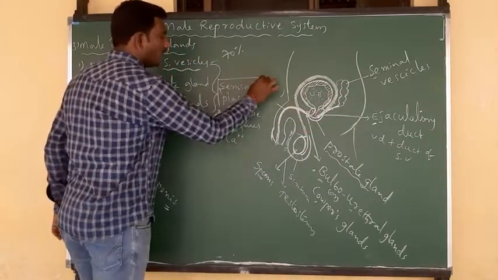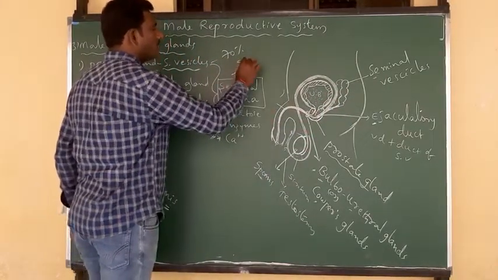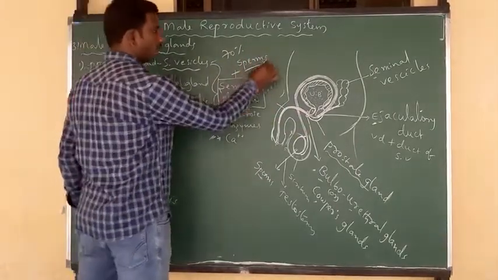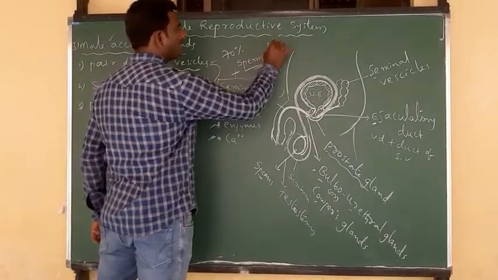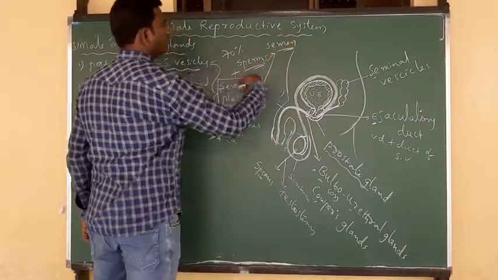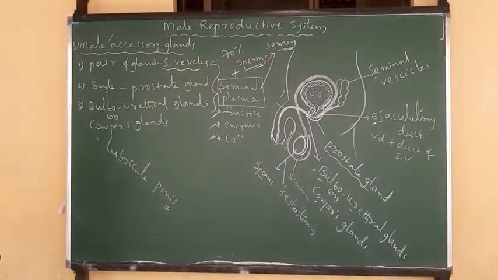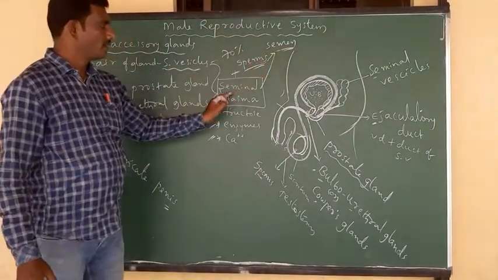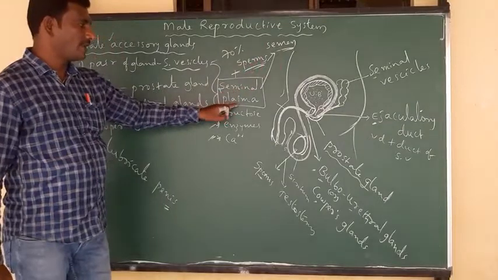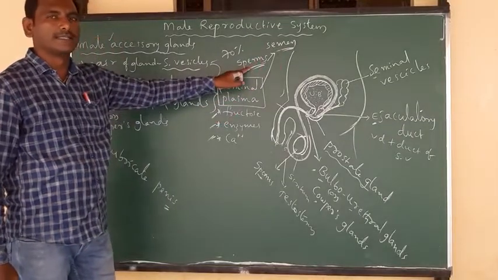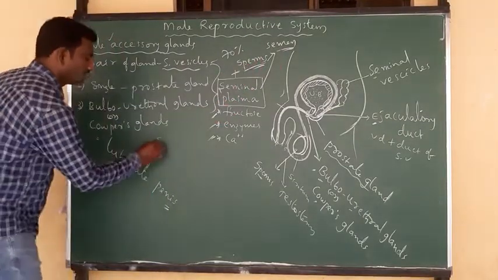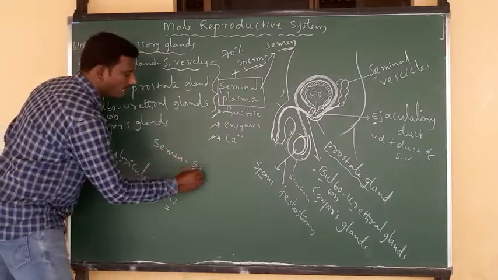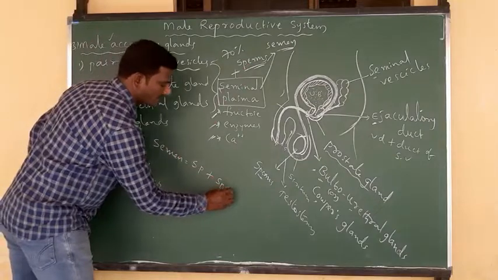So seminal plasma plus sperms together are called semen. So semen is equal to seminal plasma plus sperm cells.